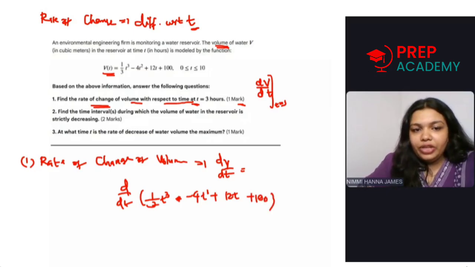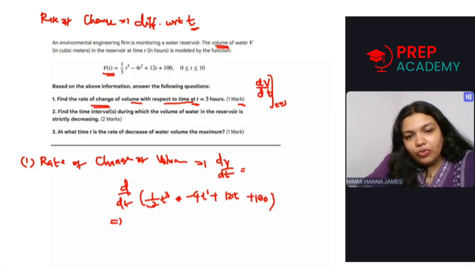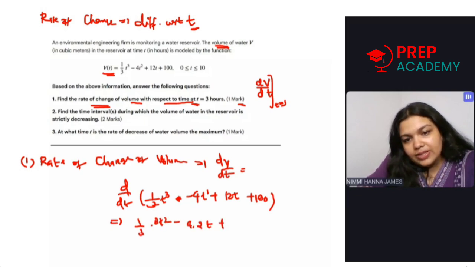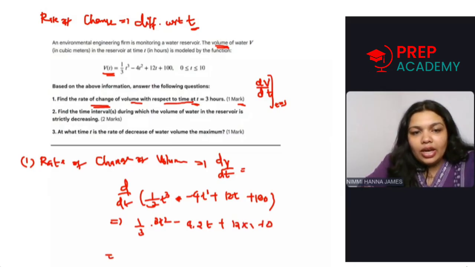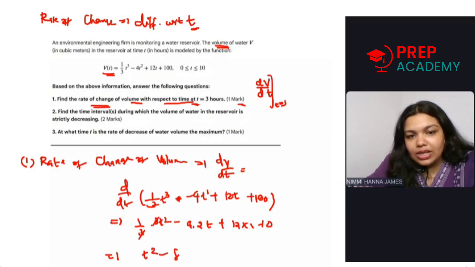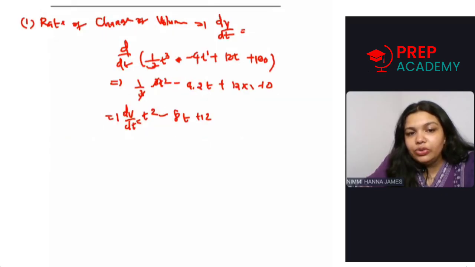This is the function we have to differentiate. 1 by 3 is a constant, so 1 by 3 into 3t squared, minus 4 into 2t, plus 12 into 1, plus 0. Now 3 and 3 get cancelled. So dV by dt is equal to t squared minus 8t plus 12.